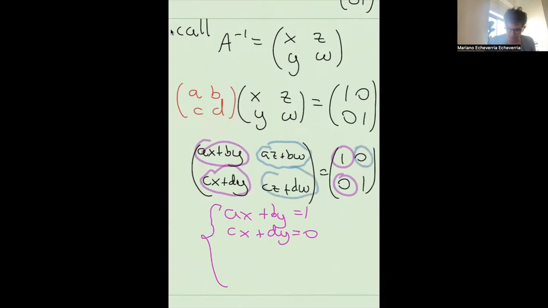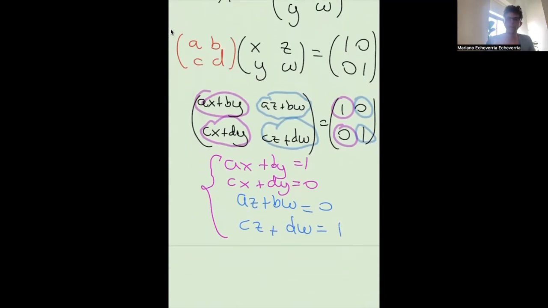You'll see why I'm choosing to write the equations in this particular way. Okay. So I just wrote the equations like that. There are 4 entries, so you get 4 equations.